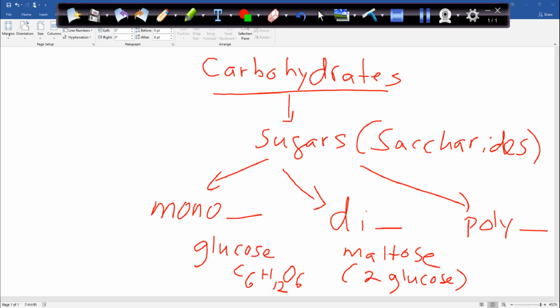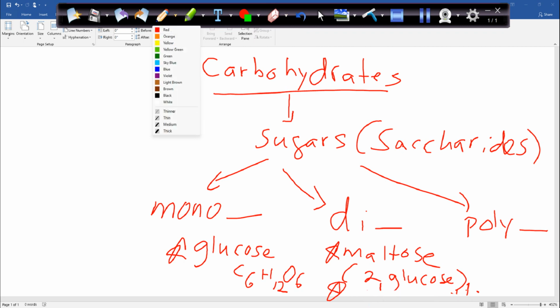Or sometimes glucose plus lactose here. Hold on. The second one is lactose, plus glucose.